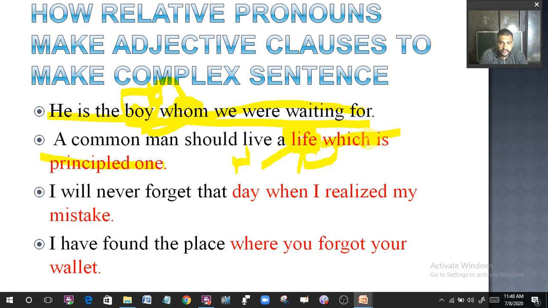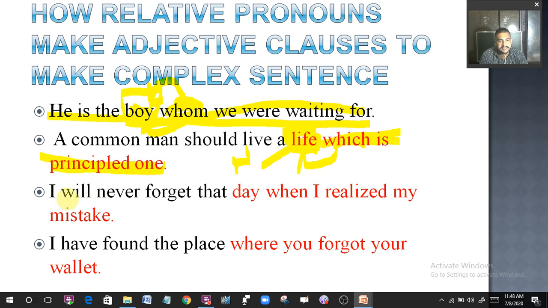The clause made after this, using which as the subordinating conjunction, would be a subordinating clause. Definitely this which is describing life, the kind of life a common man should live, so it is the subordinating clause, the adjective clause, that makes the complex sentence.